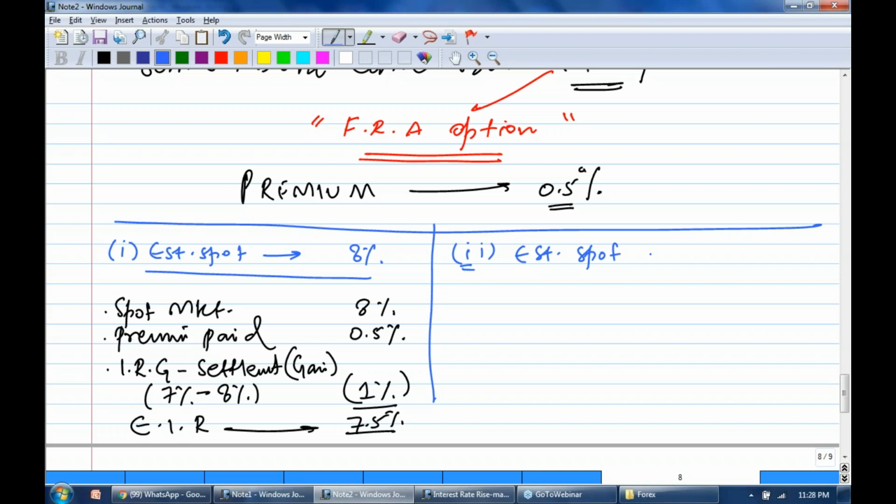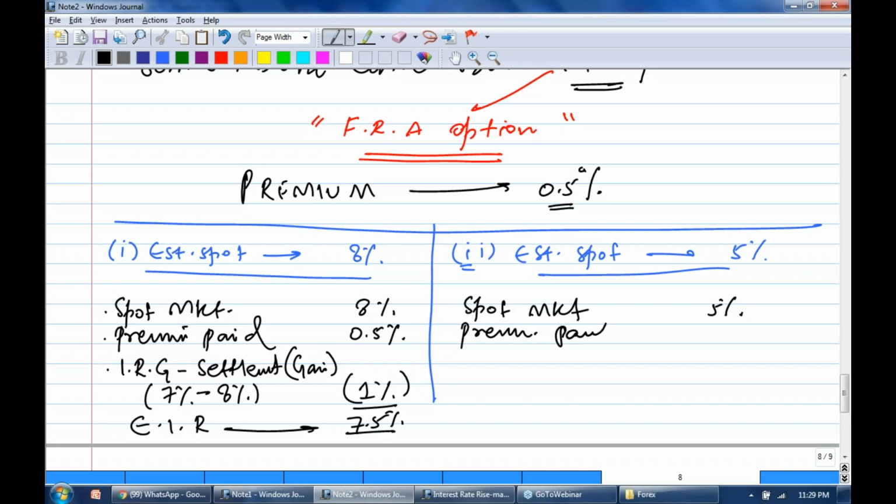But in case estimated spot becomes 5%, can you please calculate and reply to me? Spot market becomes 5%.